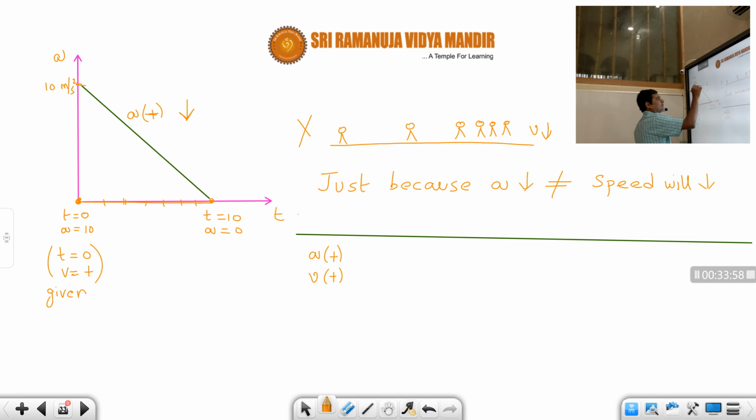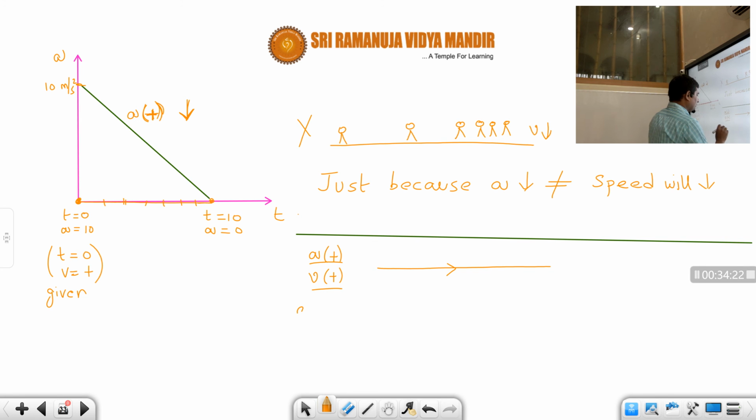Definitely it is decreasing, nobody is telling that it is increasing, but its sign is positive only. So acceleration is positive and velocity is also positive. Both are in the same direction, so it will travel in a straight line without taking any U-turn. Rather, its speed will increase.